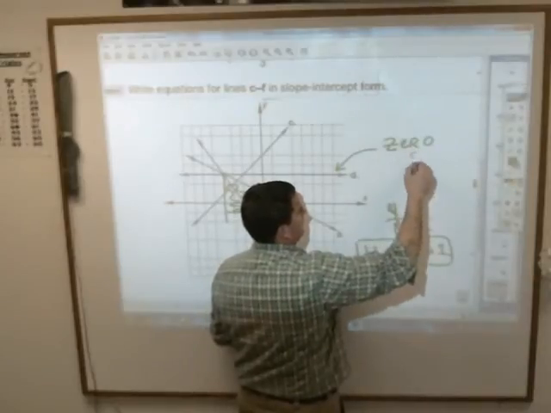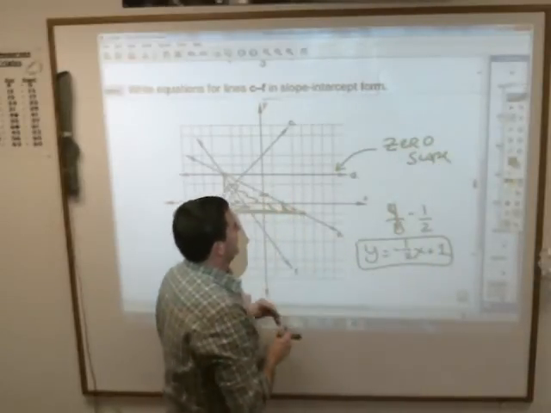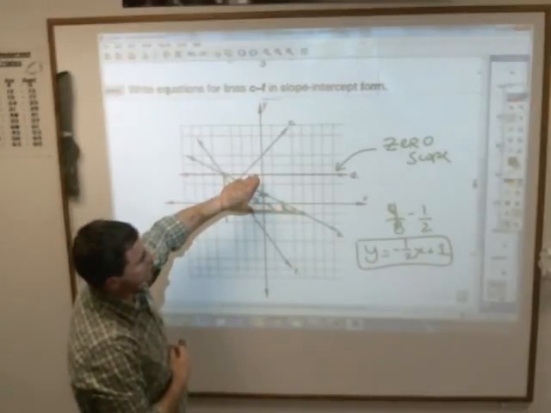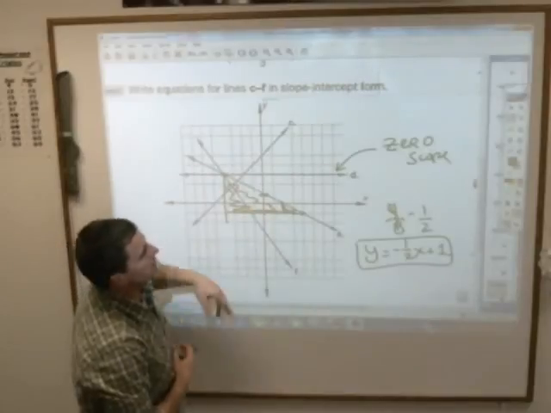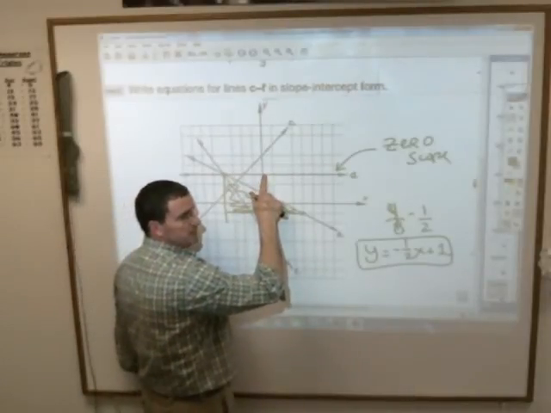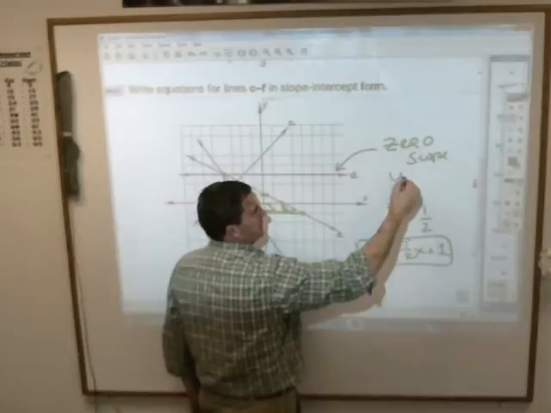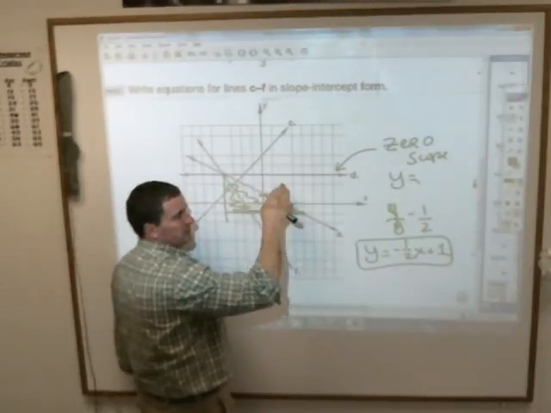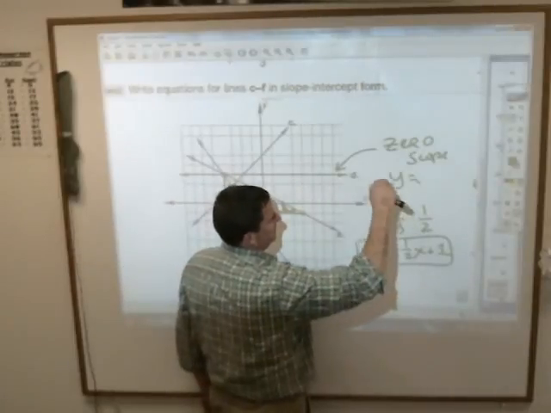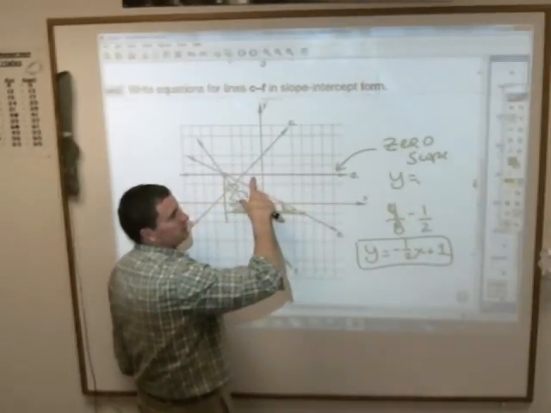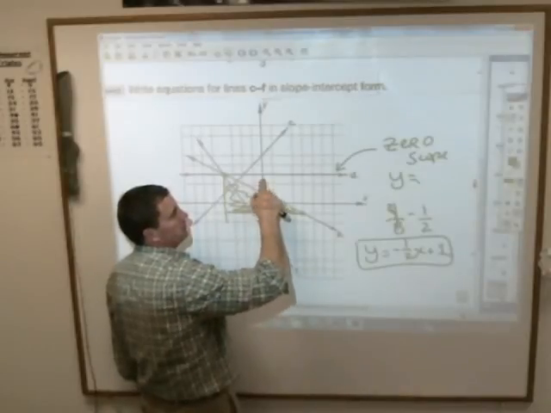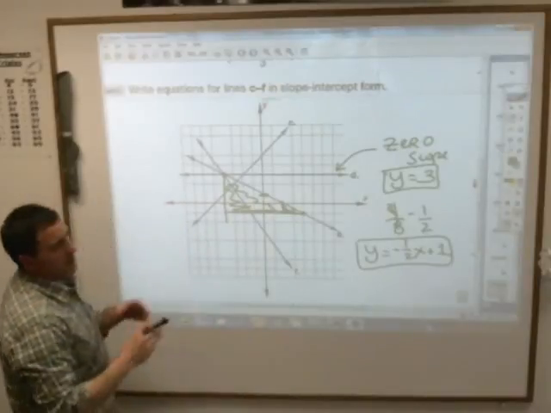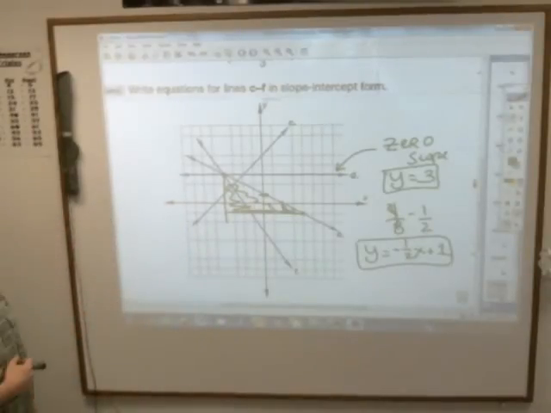The actual equation of this line would be y equals, there is no x, that's why it's 0 slope, because the x doesn't change. Well, the x changes, but the y stays completely the same there. No matter what x is, y is always going to be what? 3. Because no matter what number you put in for x, you're always going to get a 3 for y.